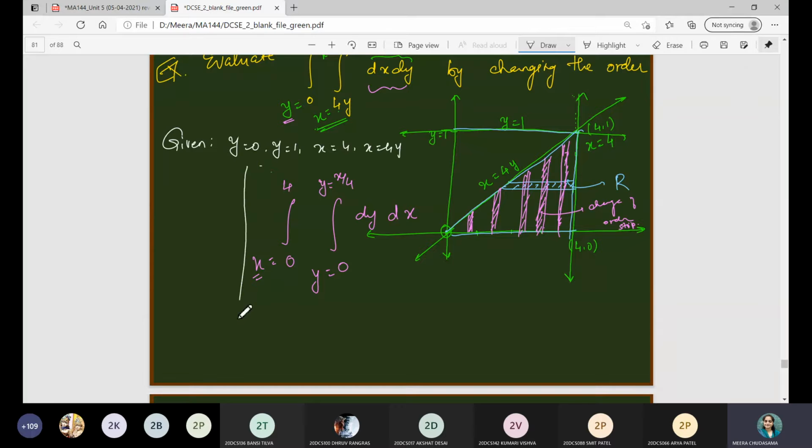So by solving these equations, the intersection points of the region, or you can write region is bounded by, let me write that part.